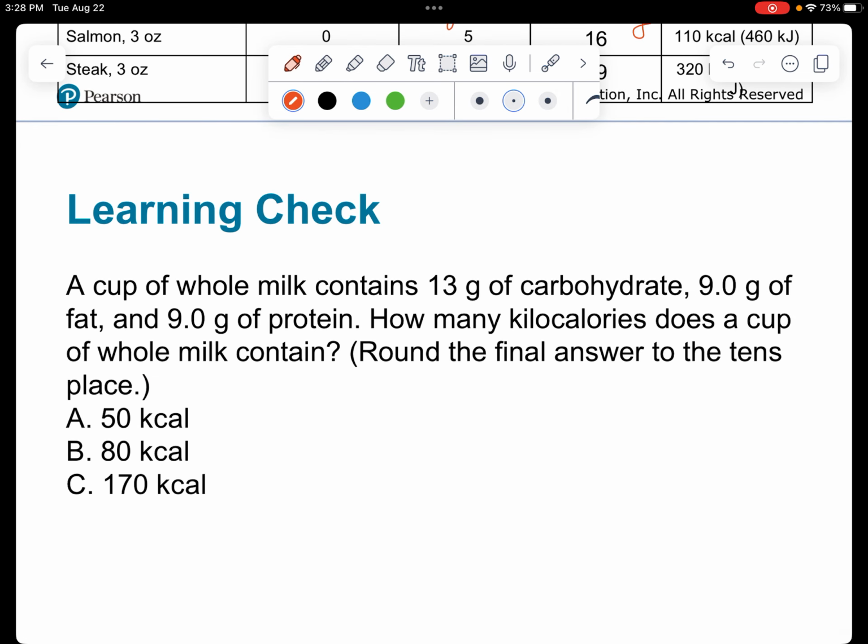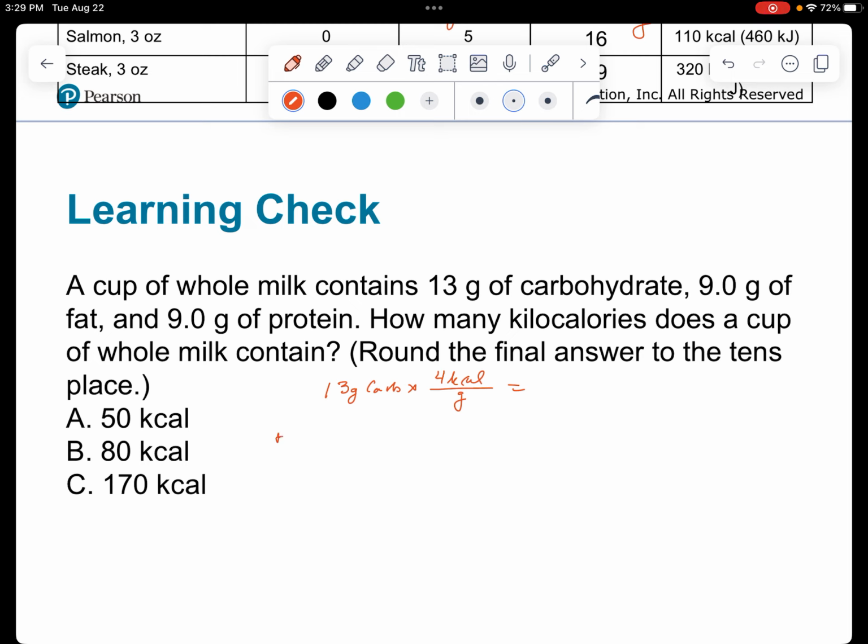So here's an example. A cup of whole milk contains 13 grams of carbohydrate, 9 grams of fat, and 9 grams of protein. How many kilocalories does a cup of whole milk contain? So I'd say 13 grams of carbs times 4 kcals per gram for carbohydrates.